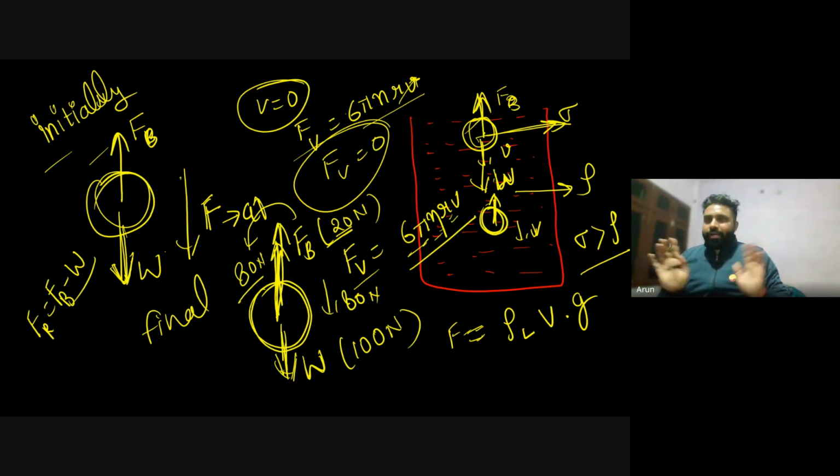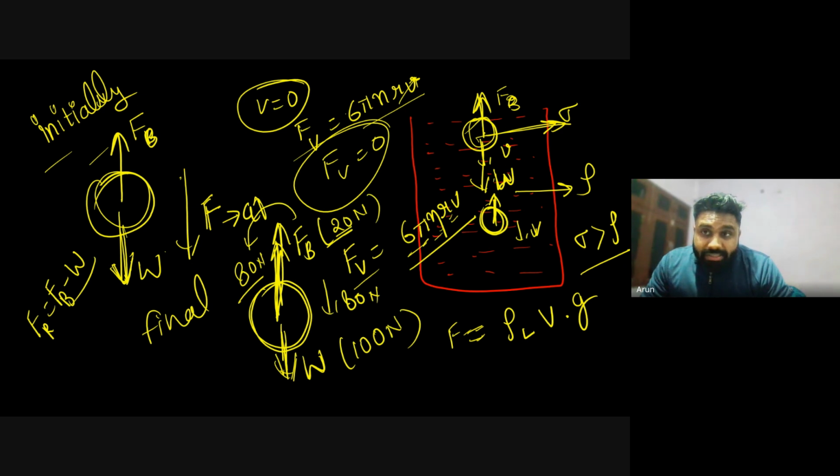Now, there is no net force. If there is no net force, there is no acceleration. If there is no acceleration, the ball will move with constant velocity then. Got it?